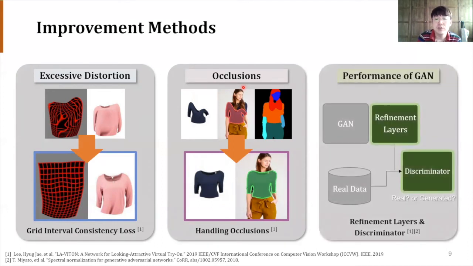Lastly, we try to improve the general performance of generated images from GAN. Specifically, we implement refinement layers and attach a discriminator after GAN, which generally enhances the performance of GAN.